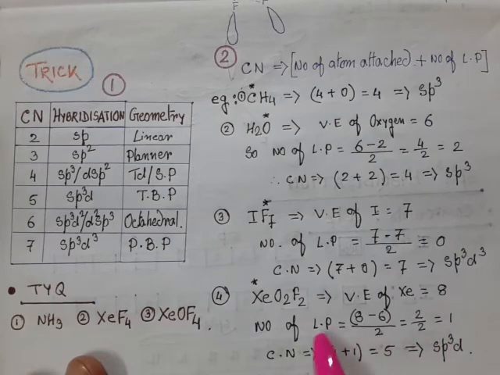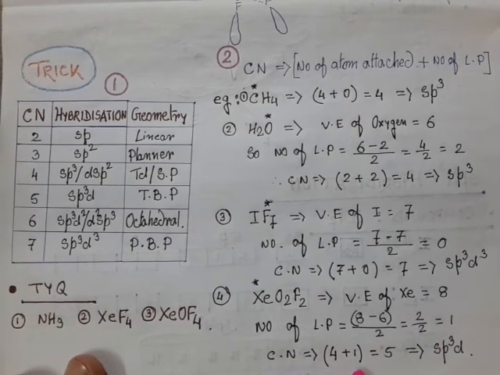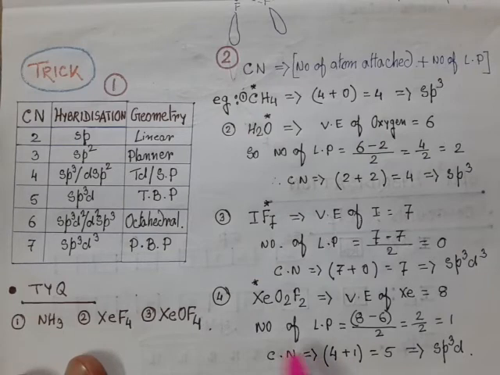So lone pair is 1. Cn is 4 plus 1, 4 being the number of atoms attached, not number of bonds, sorry. Number of atoms attached means 2 oxygen atoms, 2 fluorine atoms, so total 4, plus number of lone pairs 1, so Cn is 5, so hybridization is sp3d.